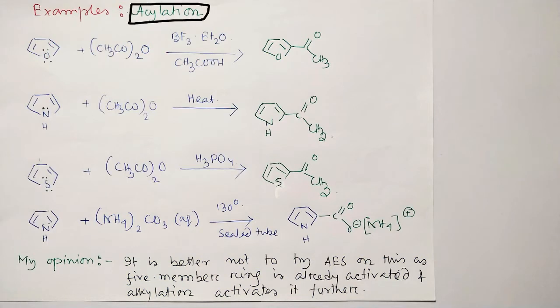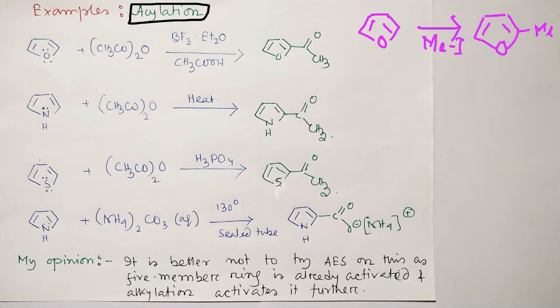Acylation. Okay, by the way, why are we directly going to acylation? Generally we may think that why are we not going for alkylation. What do I mean? For example, if you take furan and take something and produce this methyl furan, 2-methyl furan, we know that AES is preferred at C2 position. Is it possible? For example, if we take methyl iodide as an alkylating agent, okay, this is not a good choice.